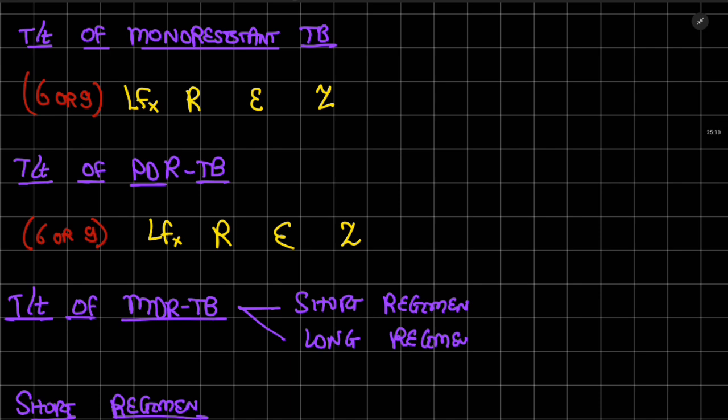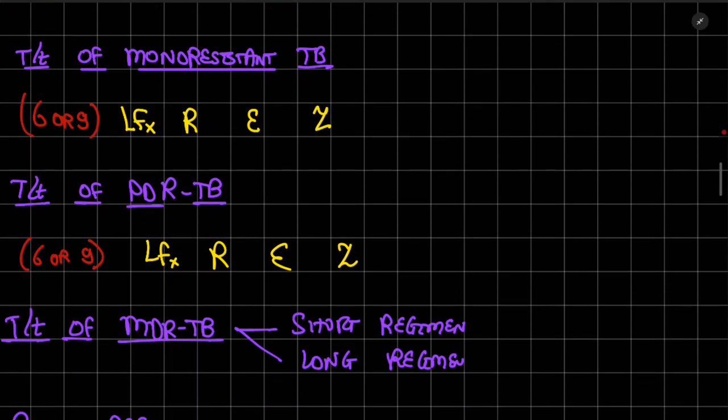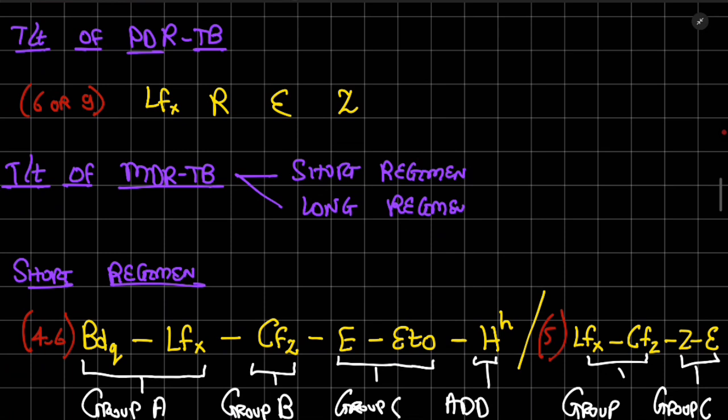So the regimen states that for 6 to 9 months you should take levoflox, one group A tablet, and REZ as usual, which we give in first time exposure. Then treatment of PDR-TB, it also says that the initiation phase and continuation phase is not differentiated, and the regimen is the same, 6 to 9 months, levoflox, REZ.